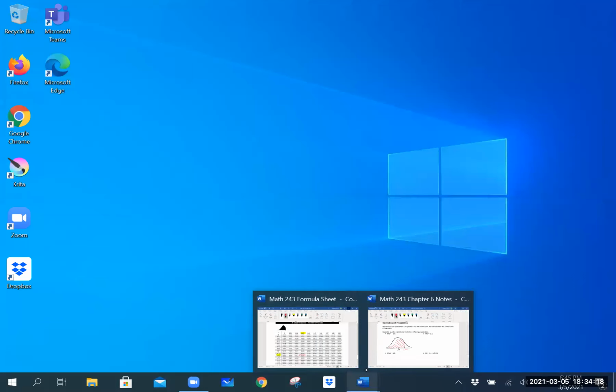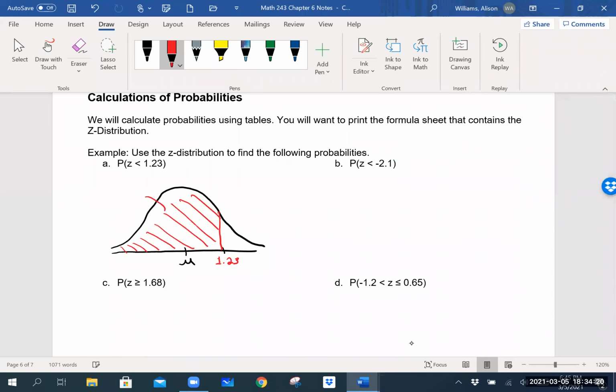And that is the answer to this probability, 0.89065. So that is the probability for that specific z-score. We'll be calculating the z-scores in the next part, but for right now, we're just going to practice using the table.